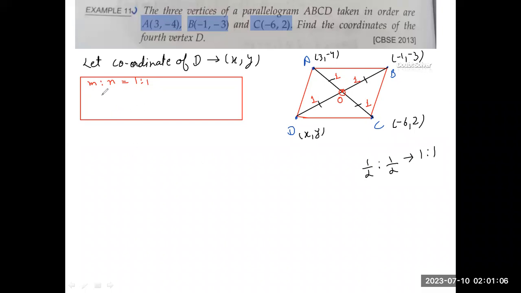So we can take the section formula for the value of x as 1 times x2 plus 1 times x1 over 1 plus 1, that is (x2 + x1)/2. And the same goes for y: (y2 + y1)/2, over 1 plus 1, that is again 2. This is also called the midpoint formula.